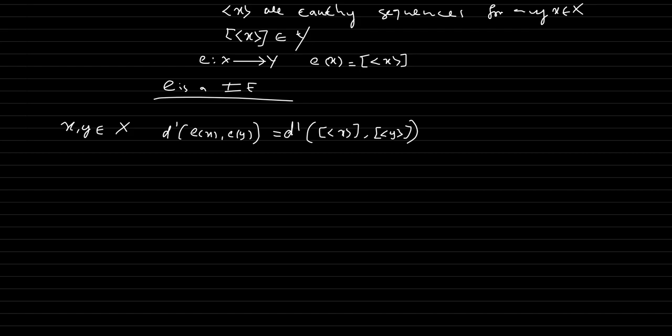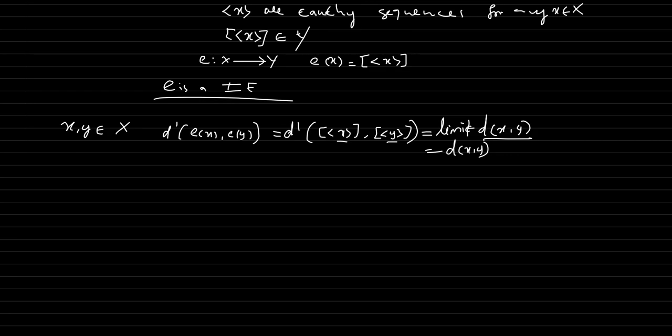And by the definition of d dash, these two classes is equal to limit of d of the nth terms of these two sequences. So these two are constant sequences, therefore their nth terms are x and y. And d of xy is a constant, so the limit of d of xy is d of xy itself.